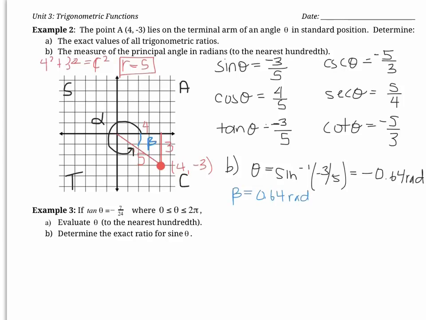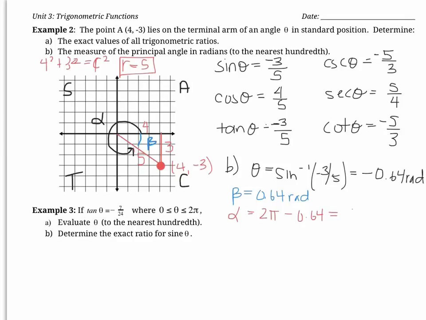So now let's figure out what our alpha is. It asked us for a principal angle, which means it has to be positive, between 0 and 2 pi. So we know that the whole way around the circle is going to be 2 pi. Then if we backtrack 0.64 radians, how much is going to be left over? So our alpha is going to start with 2 pi radians, and we're going to subtract 0.64 radians, and what will we be left with approximately?